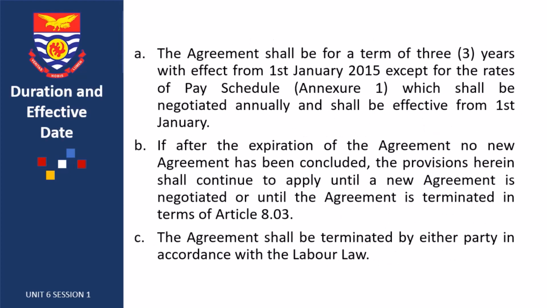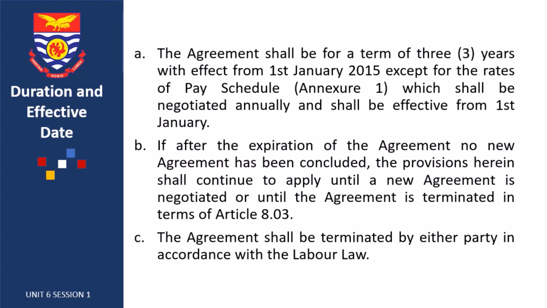Now the presentation talks about the duration and then the effective date. So the first one: the agreement shall be for a term of 3 years with effect from 1st January 2015, except for the rate of pay schedule.